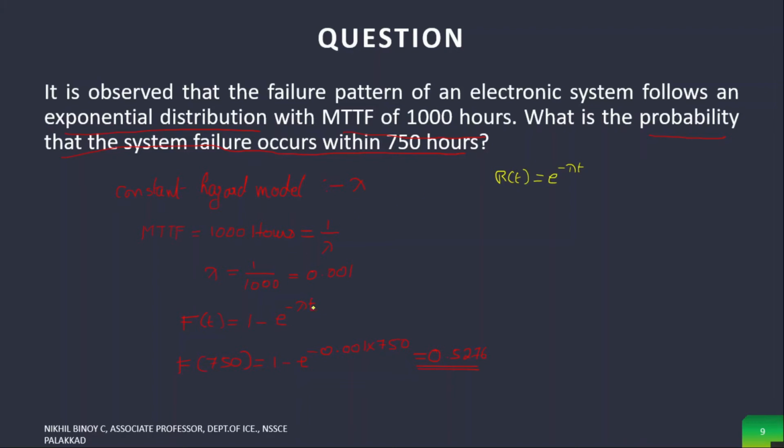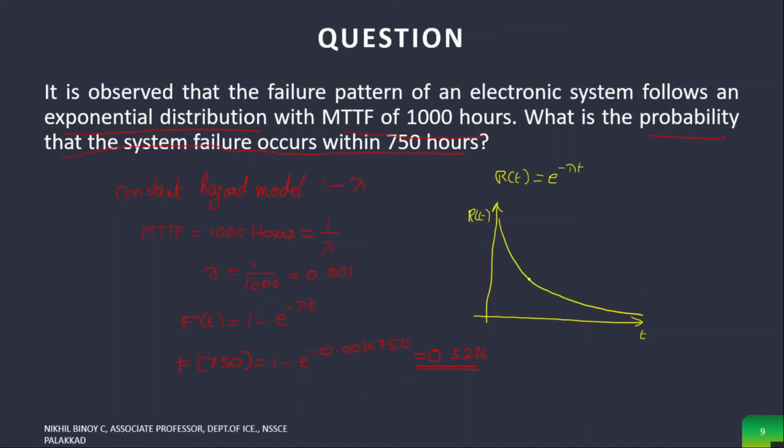That is why F of t is equal to 1 minus R of t, that is 1 minus e raised to minus lambda t. So it is following an exponentially decreasing graph. This R of t is following an exponentially decreasing graph.